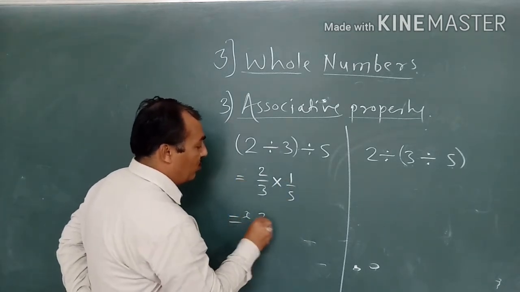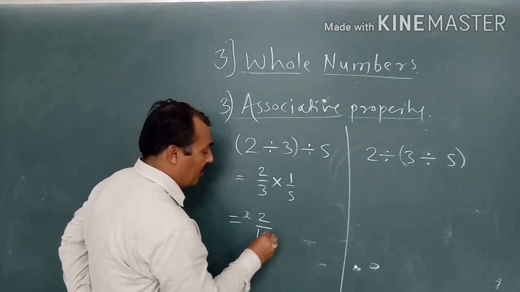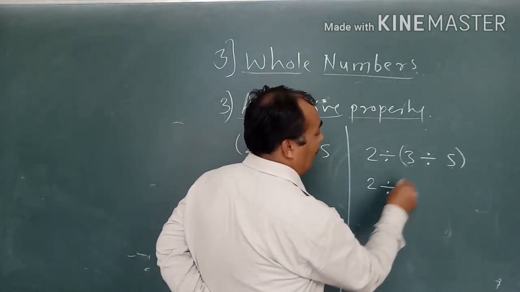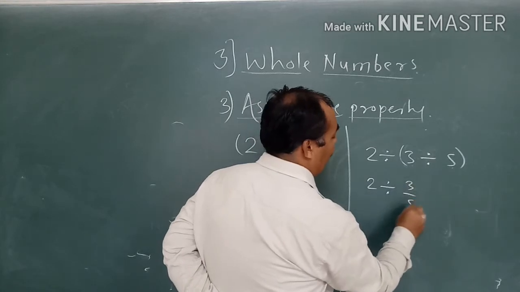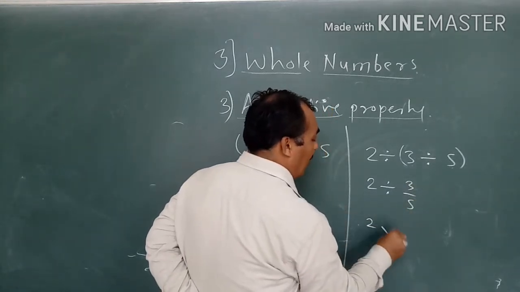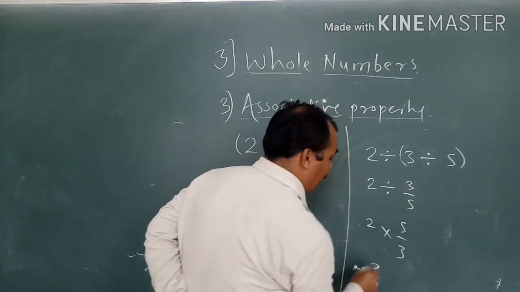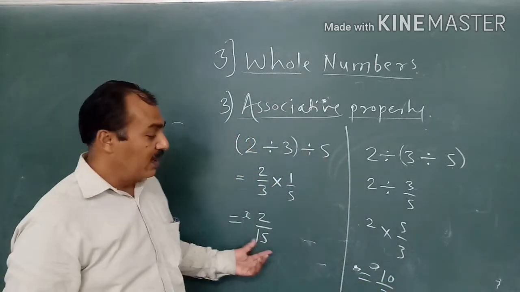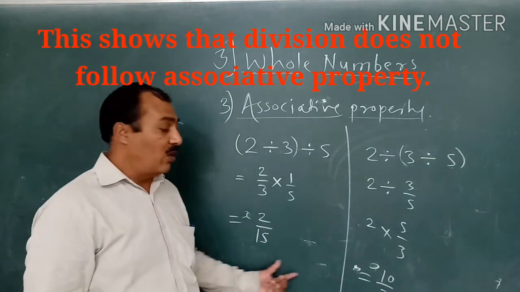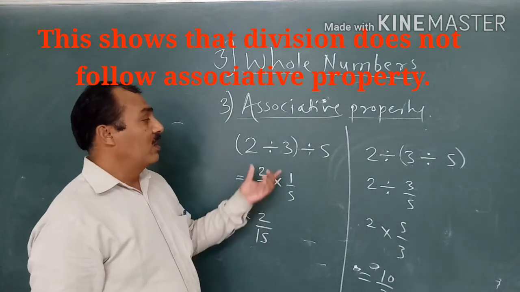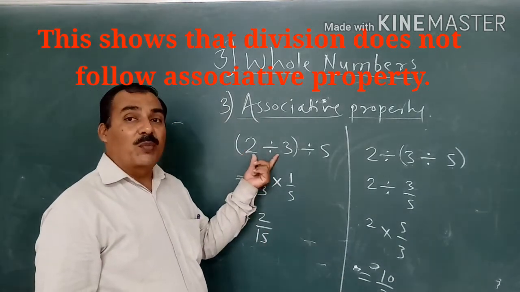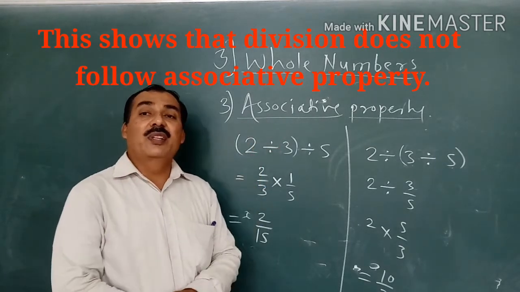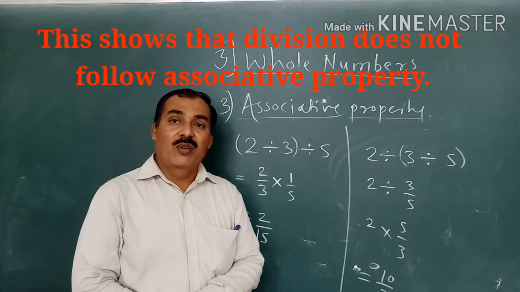Here we get 2 by 15. Now let us see here what we will get. 2 divided by 3 by 5, 2 multiplied by 5 by 3. So we get 10 by 3. The results are not the same. That means this associative property is not applicable for division of whole numbers.